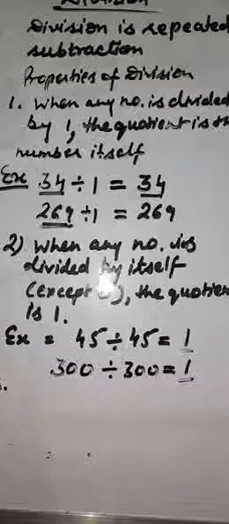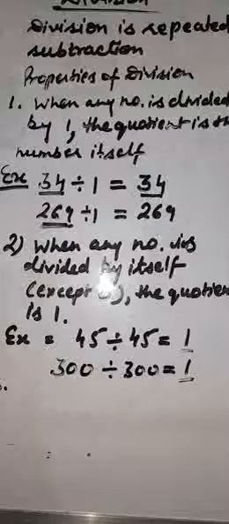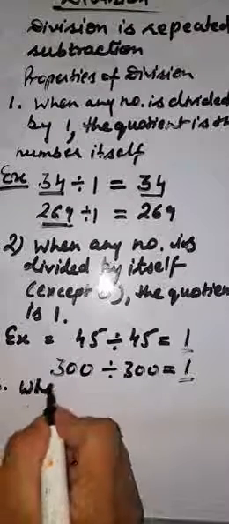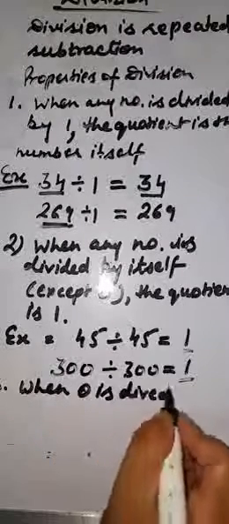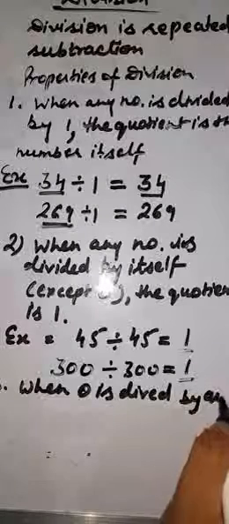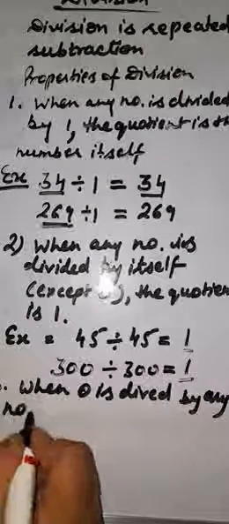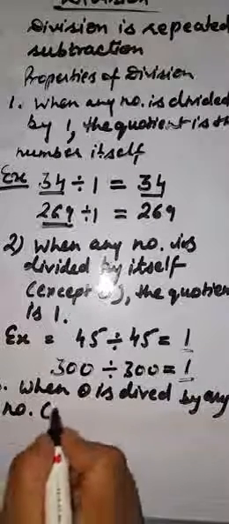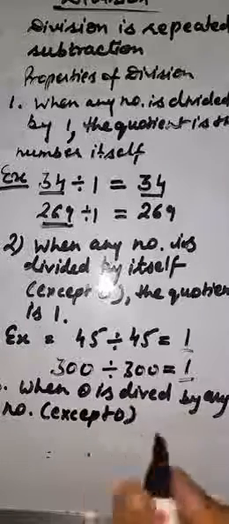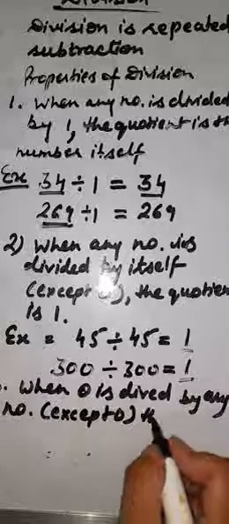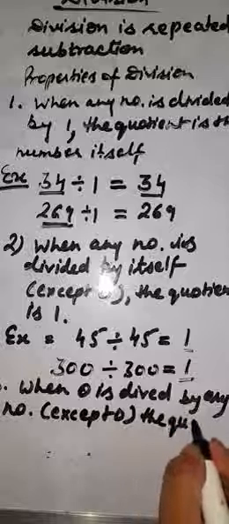Fine. Move on to property number 3. When 0 is divided by any number, except 0, okay, leave 0 here, in this case also the quotient is always 0.